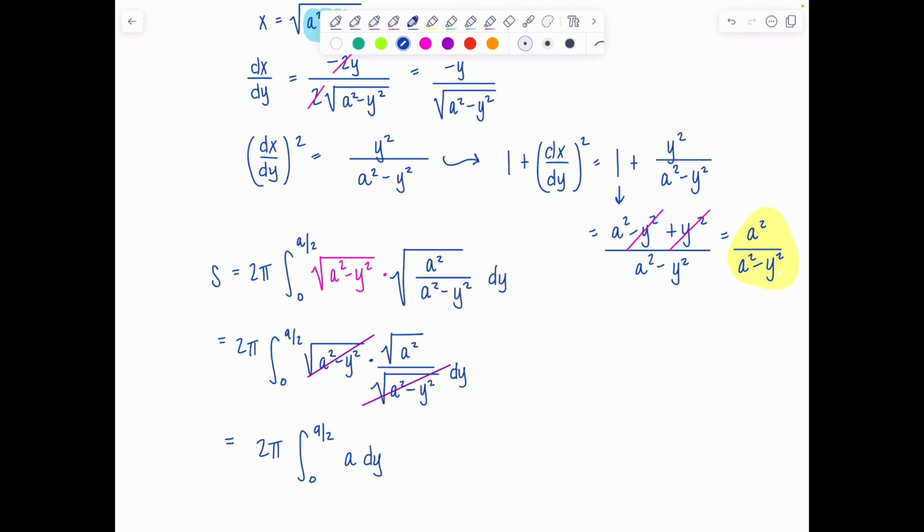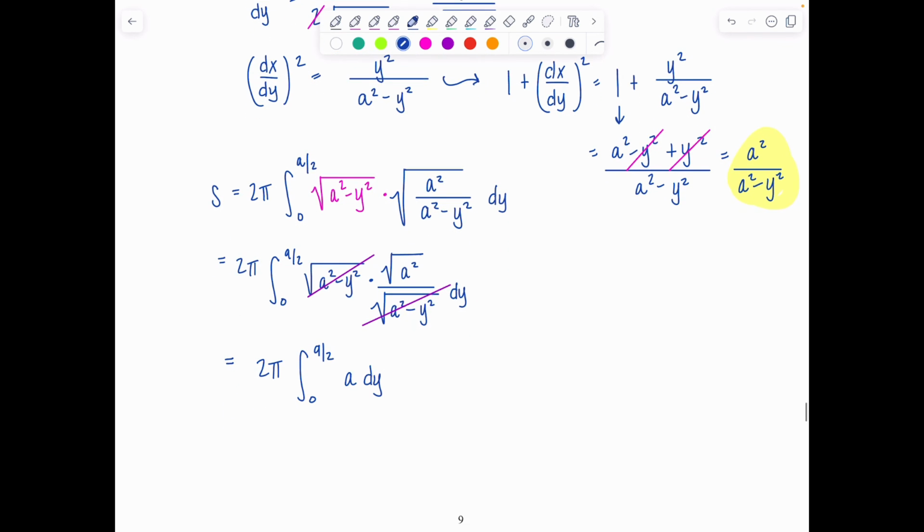So I have 2 pi integral 0 to a over 2, just a dy. A is just a constant. Pretend it's 5. What would the antiderivative of 5 be with respect to y? 5y. So the antiderivative here is ay. So 2 pi a y from 0 to a over 2. These limits get plugged into y. 2 pi a can stay out of the party. Sorry, 2 pi a, you're not invited.